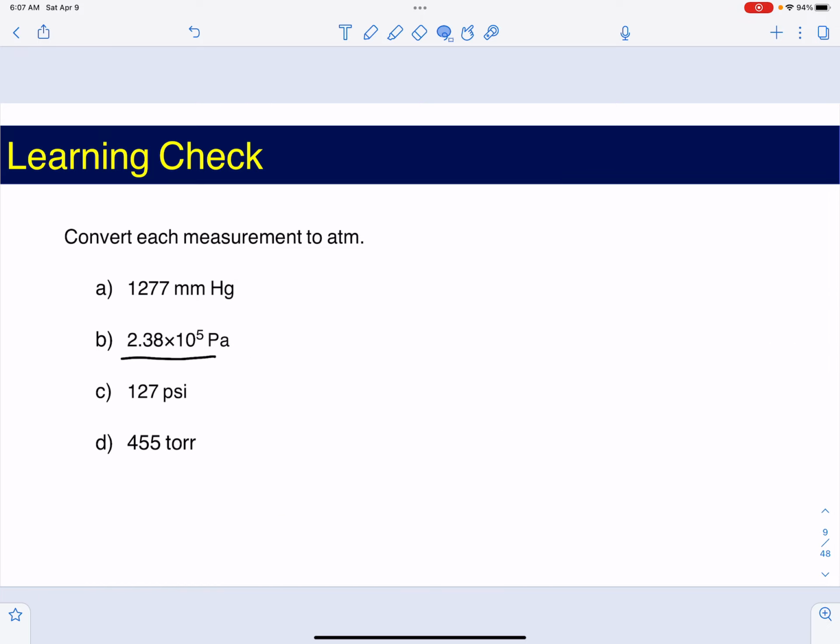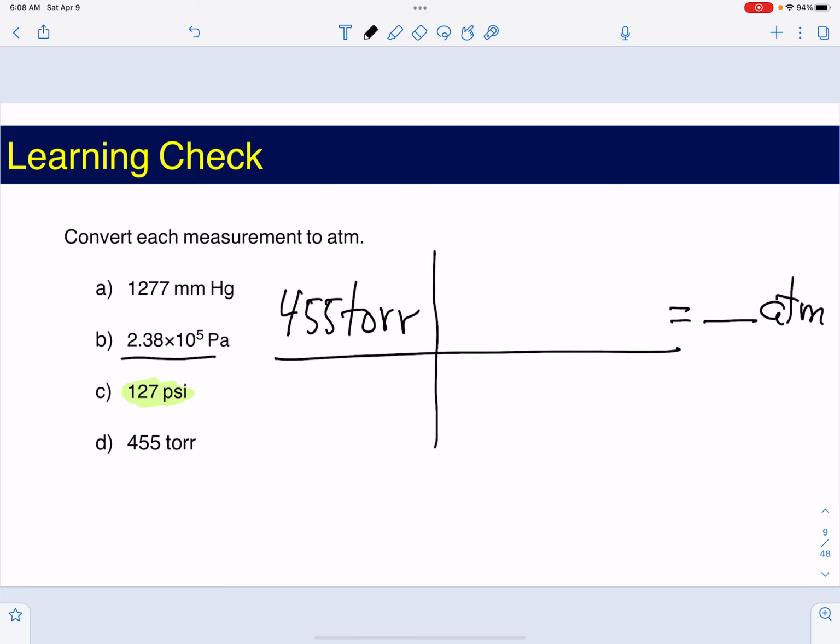What about PSI? Well, I don't remember that one from memory, so you're going to have to check that one on your table. But I remember torrs. So given 455 torrs, can I find atmospheres? And I will have to say, yes, I can, because I know that I don't care about torrs, right? Because I'm looking for atmospheres, but 1 atmosphere is 760 torrs.